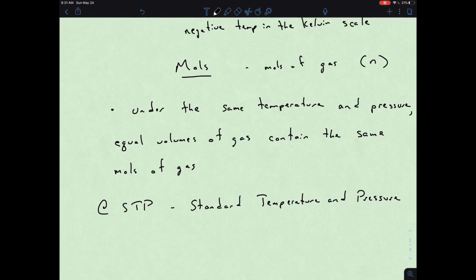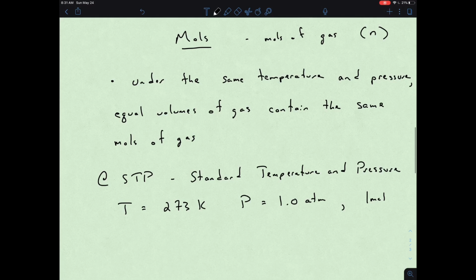We would be here now at a temperature equal to 273 Kelvin, and our pressure would be equal to 1 atmosphere. 1 mole of gas occupies 22.4 liters.